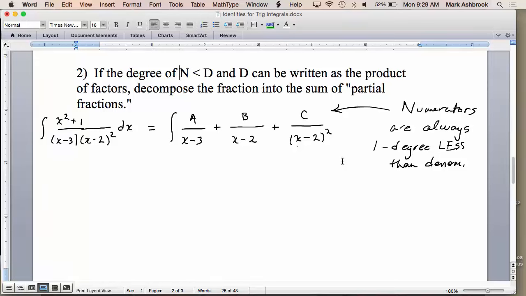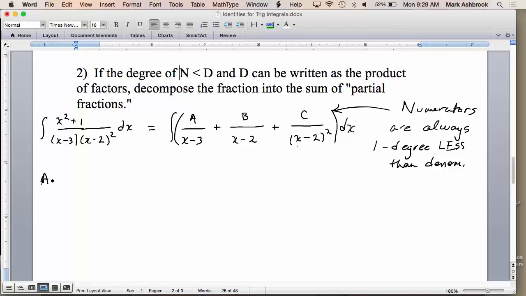All right, so let's go for it. Here we go. So what are we going to do? Now we're going to add these together. So we've got all this dx. What do we need to multiply top and bottom of this one by to get the common denominator? X minus 2 squared, right? So I'm just going to go straight to that.